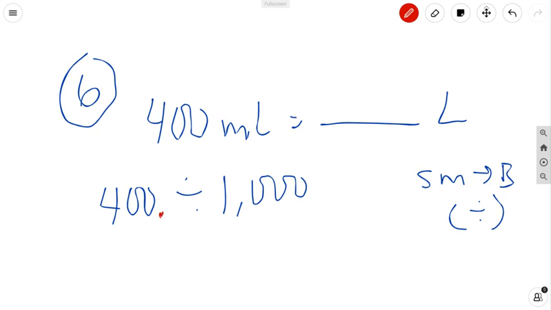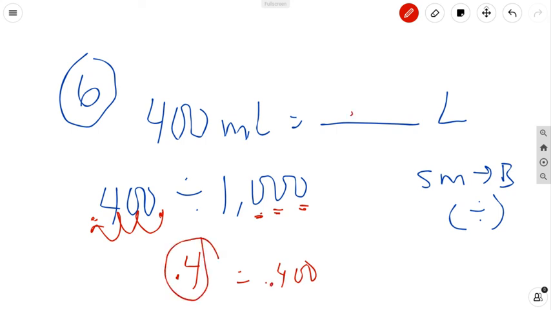So we're going to move the decimal to the left because we're making our number smaller because we're dividing, 3 times. 1, 2, 3. So now the decimal is in front of the 4. You could write it as 0.400 or 400 thousandths, but 0.4 or 4/10 is perfectly fine.